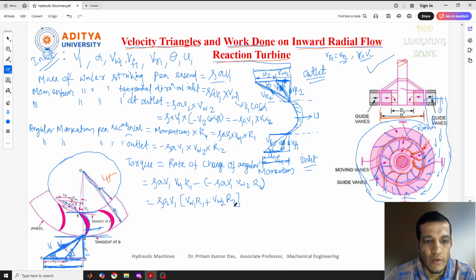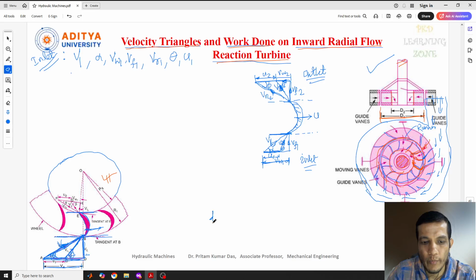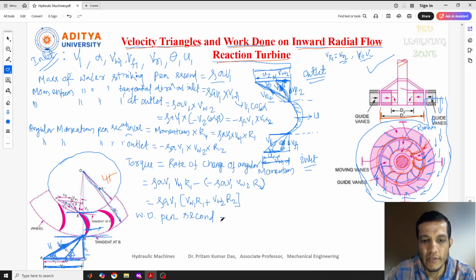Now we need to find the final work done. We need to find the work done per second on the wheel. This equals torque into angular velocity. Previously, to find the work done we used force into distance.